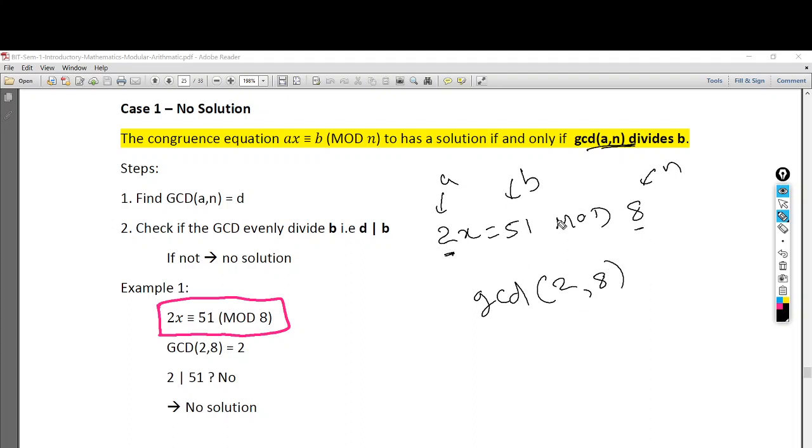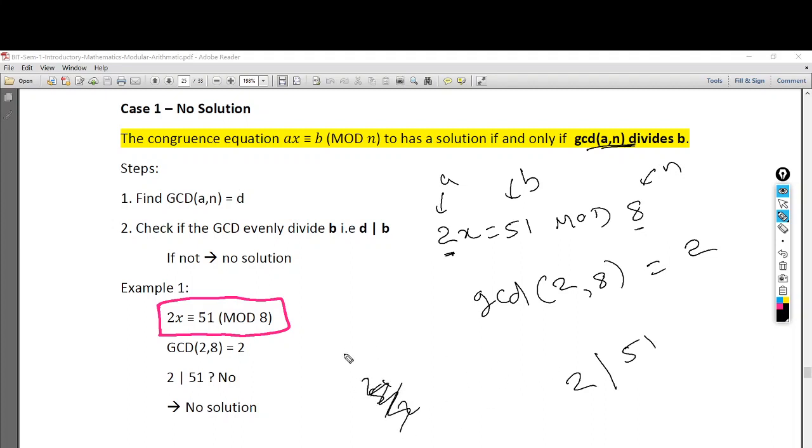If these are very big numbers, you have to use the Euclidean algorithm. But this is a very small one. For solving equations, you will be given very small values. So the GCD of 2 and 8 is obviously 2. Now what you want to find is whether 2 divides b, which is 51. In other words, whether 51 is divisible by 2.